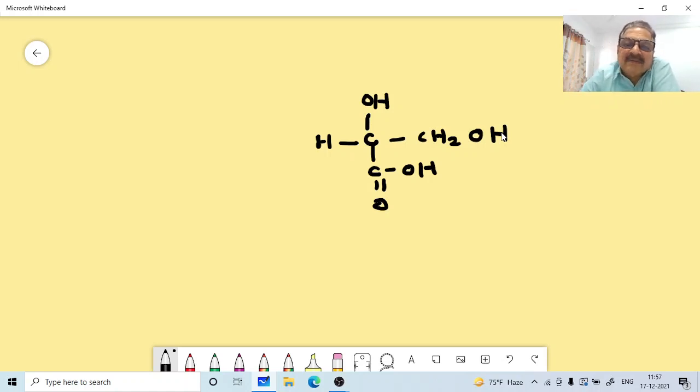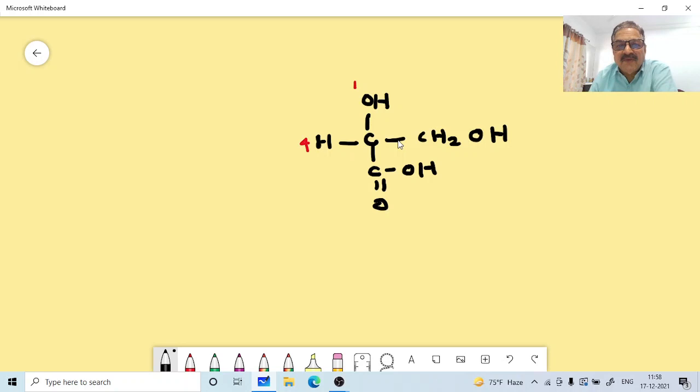It is bonded to one hydroxyl group, hydrogen, COH, CH2OH here. As usual, we'll have to assign the priority. Hydrogen is, of course, 4, you know that. Here, oxygen, out of this, all bonded to carbon. So oxygen will be number 1, because oxygen has the highest atomic number. Therefore, oxygen is number 1.